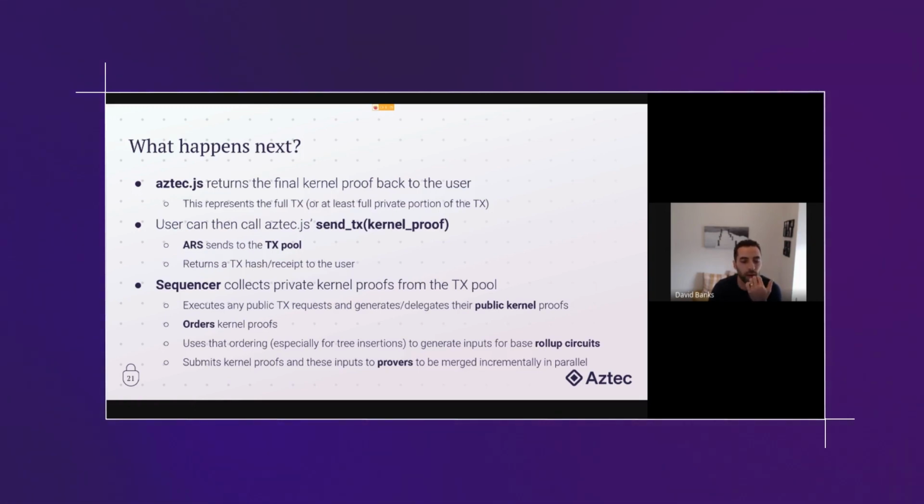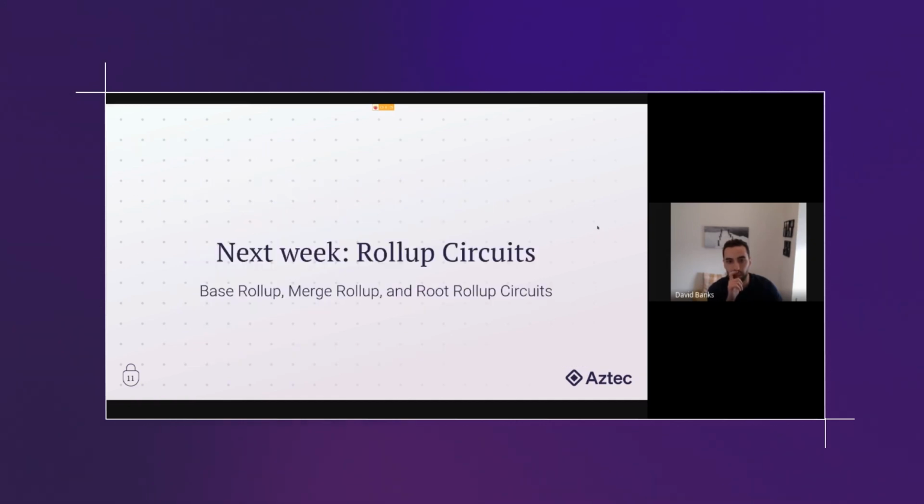And then it'll submit the kernel proofs to those provers, which will merge them incrementally into one single, final proof that we end up submitting as our roll-up to Ethereum. And that is it.